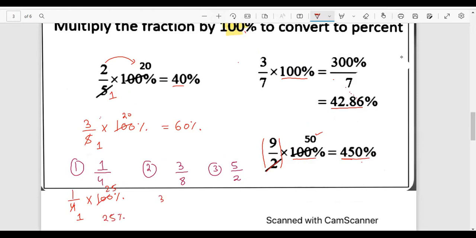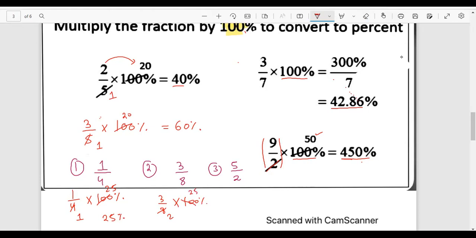Then 3/8 is the next fraction. In order to convert it to percentage, I need to multiply it by 100%. Now I need to cancel out things. So 2 multiplied by 4 is 8, or I can also cancel it by 4. Okay, so it would be 2, and then 100 divided by 4 is 25.